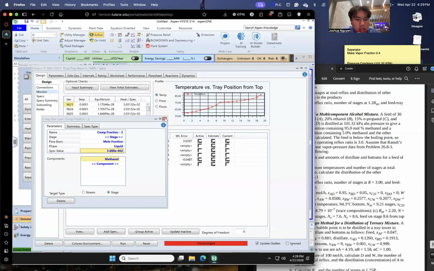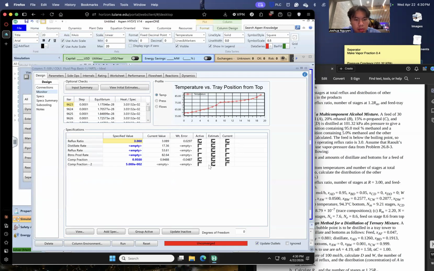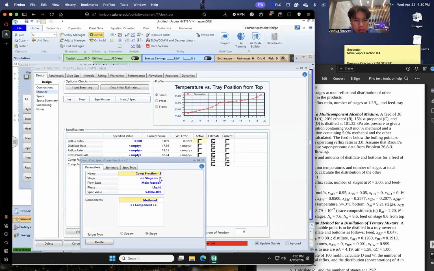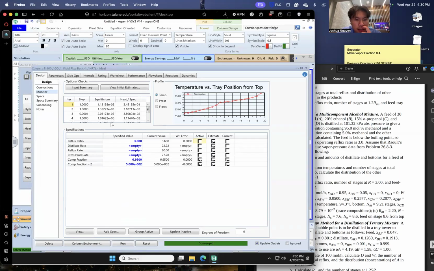Yeah, I think this one should be liquid coming out. So we're going to set that up, set this there instead of that way. And there you go. That one converged.